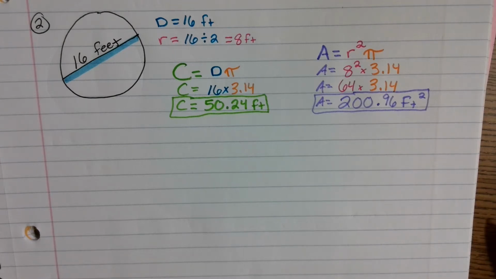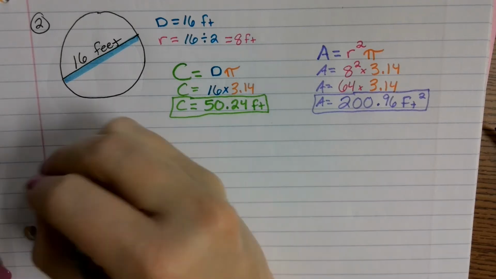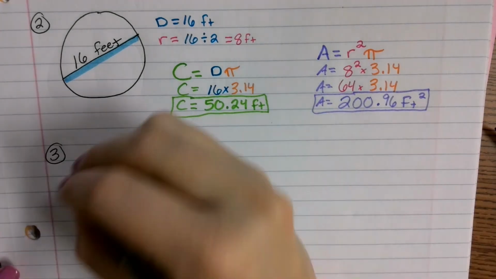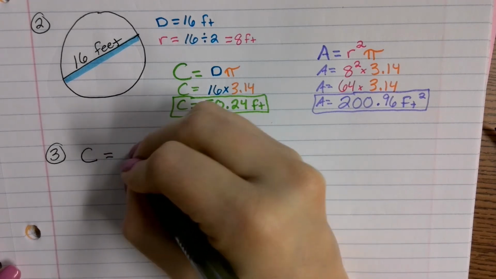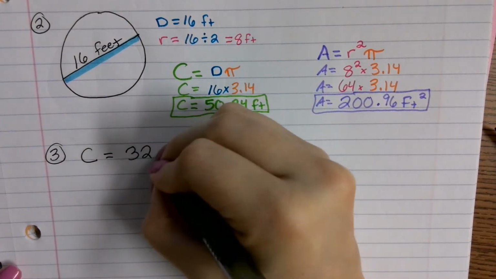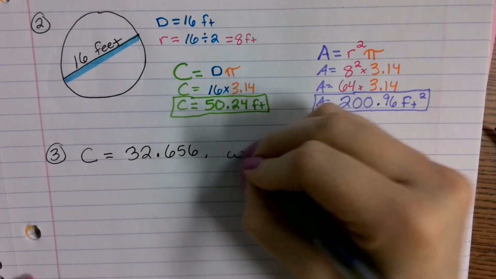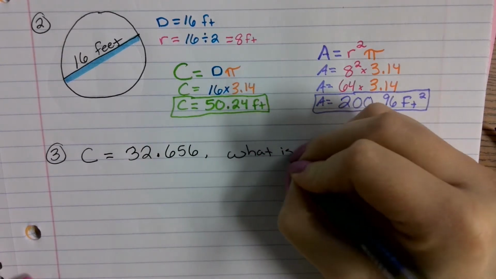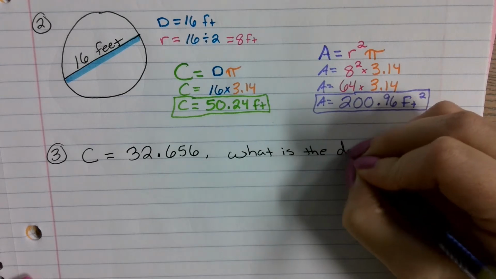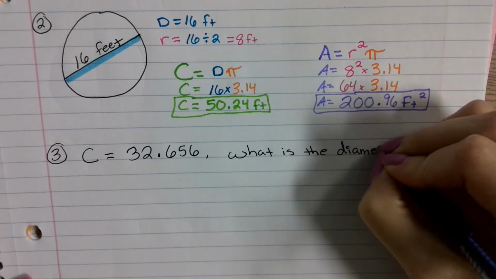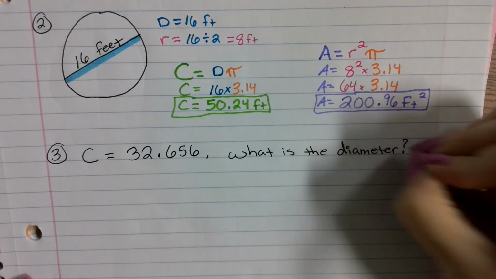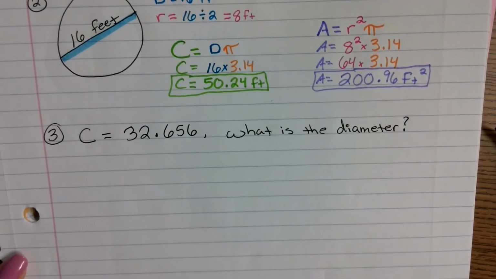Now, like I said before, sometimes they might give you questions that work in the reverse instead. So if I give you a problem where I say, hey, the circumference is equal to 32.656, and I want to know what is the diameter. I know circumference.